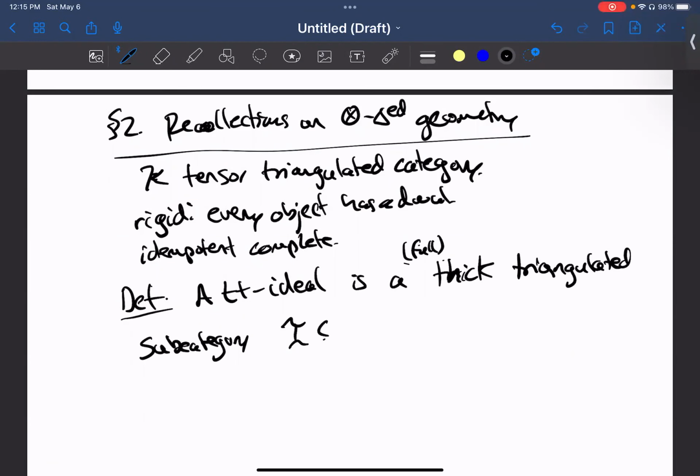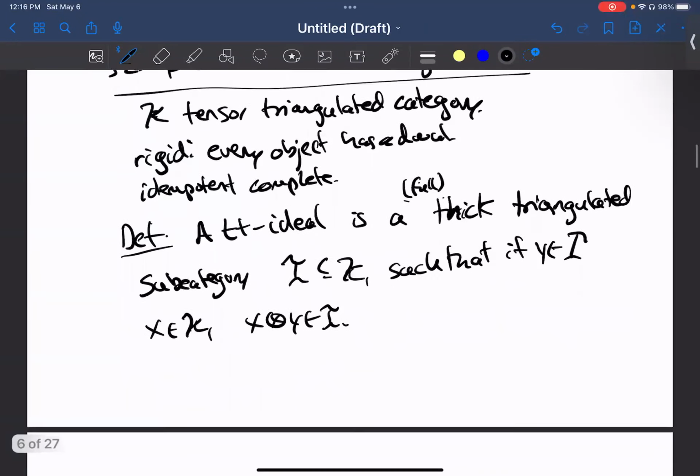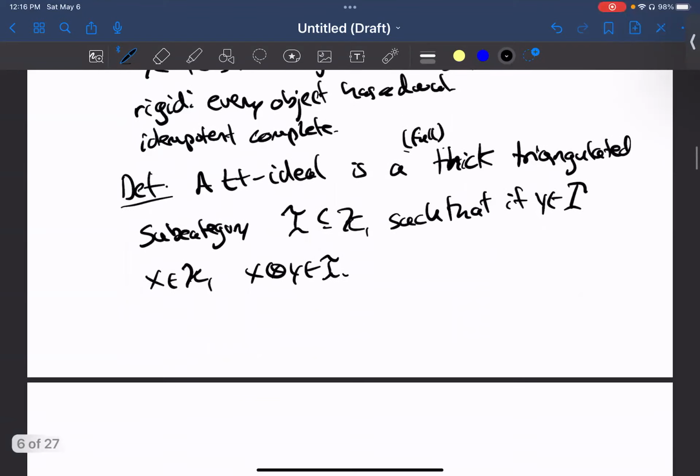I, a subset of K, such that if Y is in I and X is in K, then X tensor Y is in I. So basically the same definition you would want from commutative algebra of what an ideal should be. And this triangulated business just means this is closed under 2 out of 3 for arbitrary exact triangles.